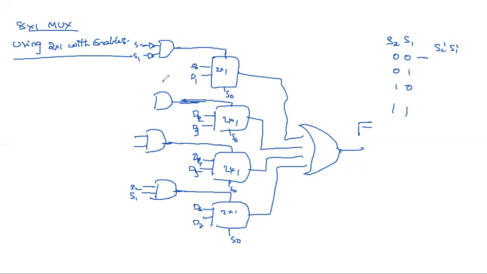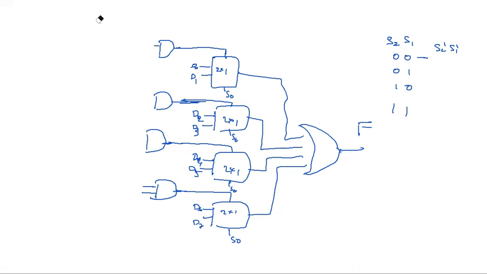For simple notation, I am taking this one. Wait, I will show. Say 8 by 1 using 2 by 1 with enable.